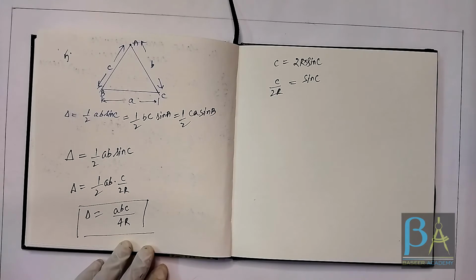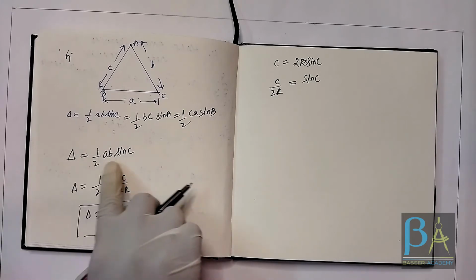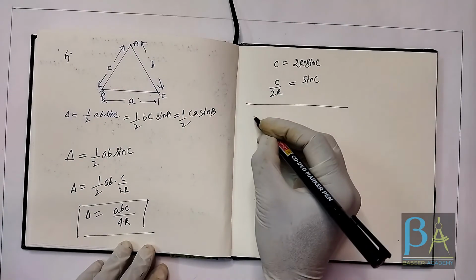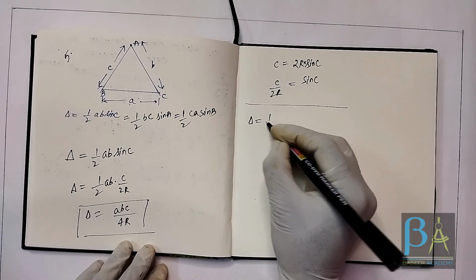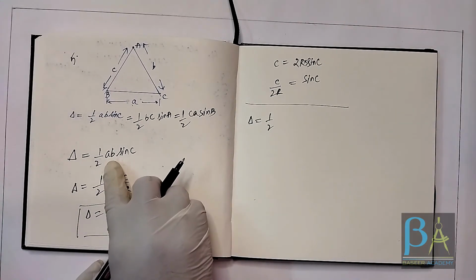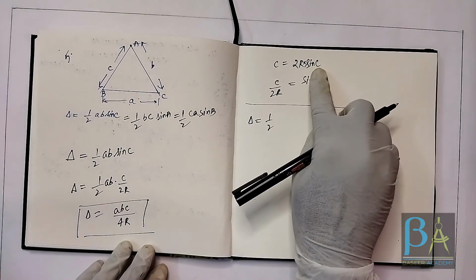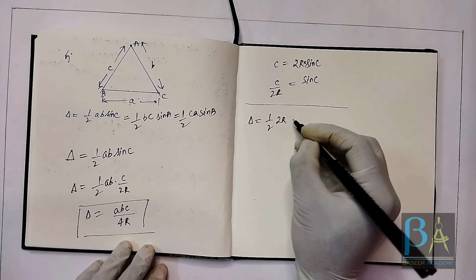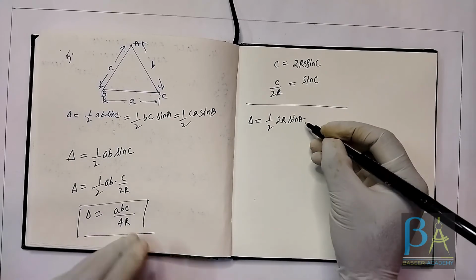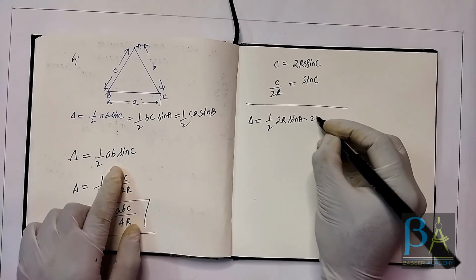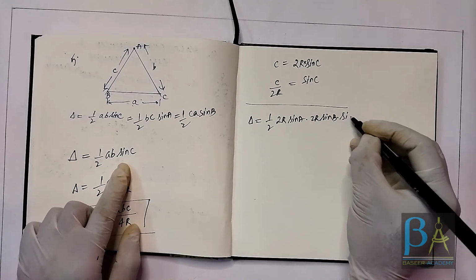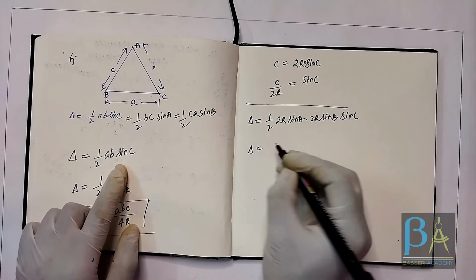Now, there is one other thing that I can try. I can use this to get one more formula for finding area of a triangle. Delta is equal to half a. What is a going to be? c is 2R sine C, isn't it? So a is going to be 2R sine A, and then this b is going to be 2R sine B. And the sine C, I'm going to write it as it is. Now what happens?